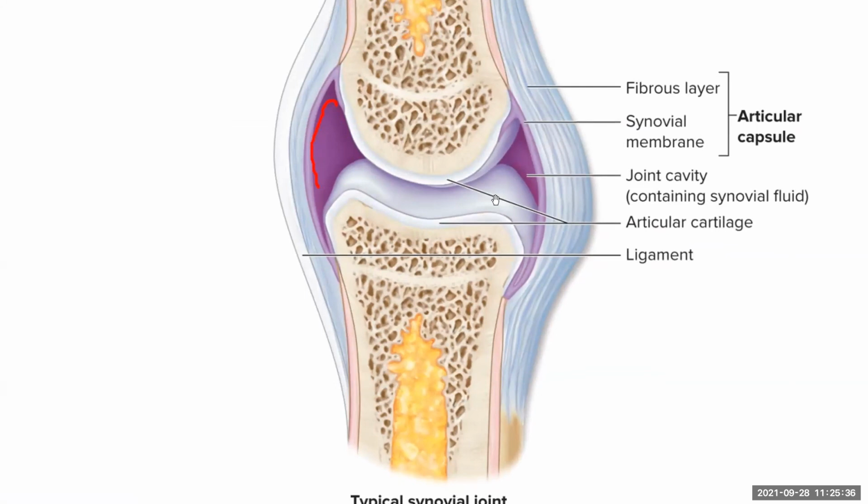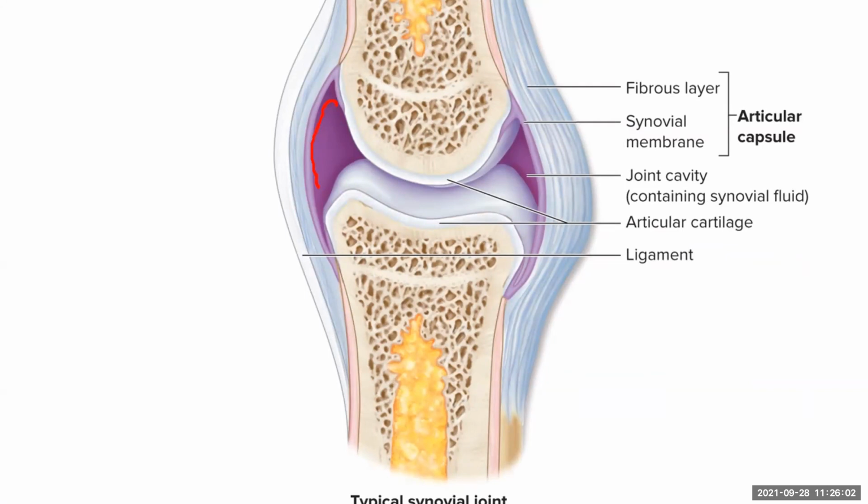Well, think about it. You don't have to be a physiologist or anatomist to understand that. It would be foolish for there to be synovial membrane where there's articular cartilage, because what's the purpose of the articular cartilage? It's to protect the bones, yes, but to reduce friction. So where there's articular cartilage, that's where the bones are moving, sliding past each other.